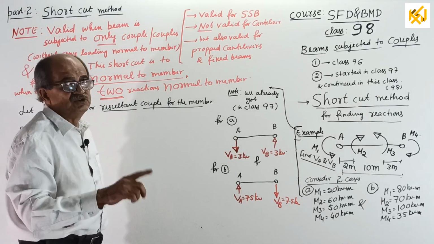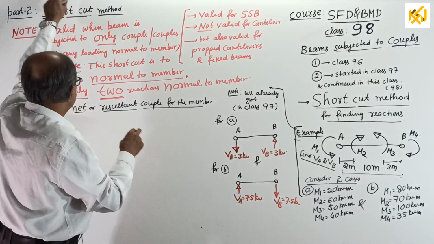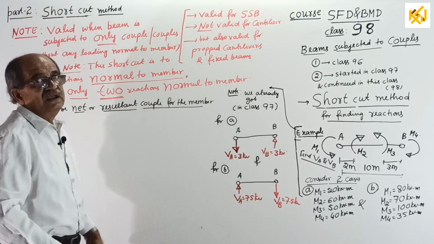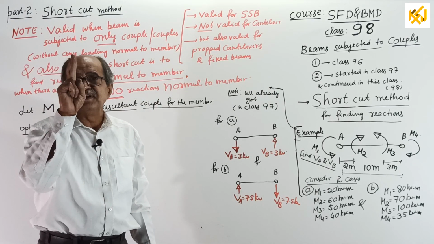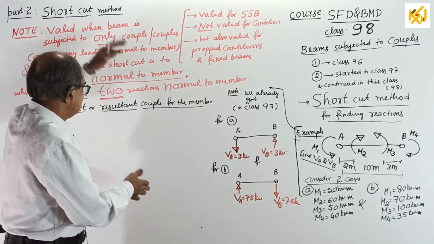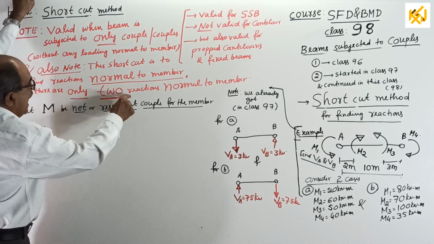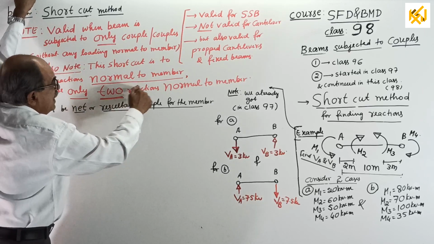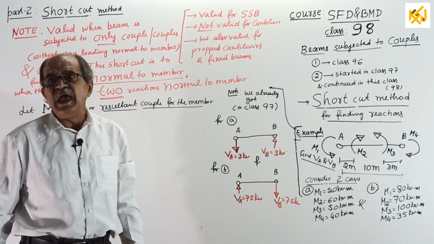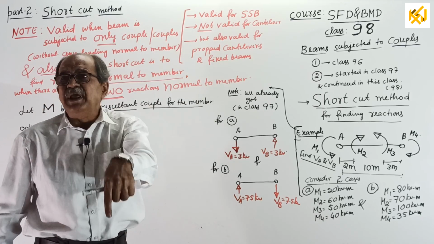Also remember, you should write one more thing, space not there. There should be 2 reactions. Here space is not there because I have limited space, so you add it here. In the same way, in bold letters, you write not just only 2 reactions, there should be 2 reactions.